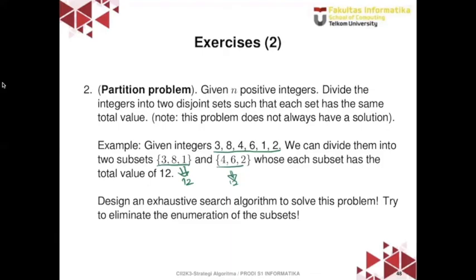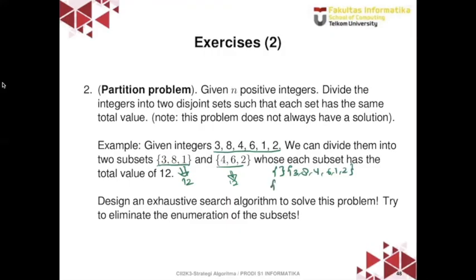Well, this is basically the problem of finding a pair of subsets. We can enumerate subsets like usual, but for example, if one partition has no element, it means that the other partition has all elements, right?